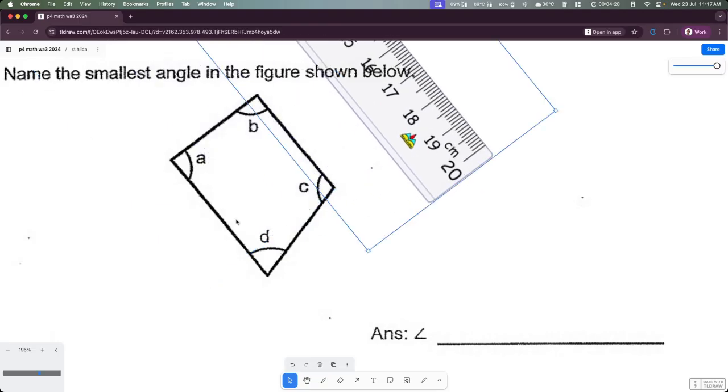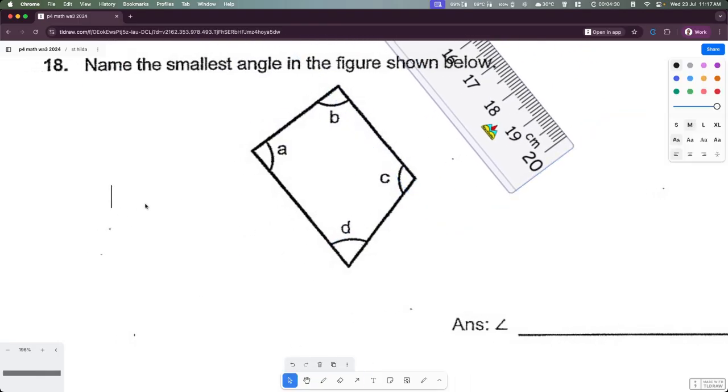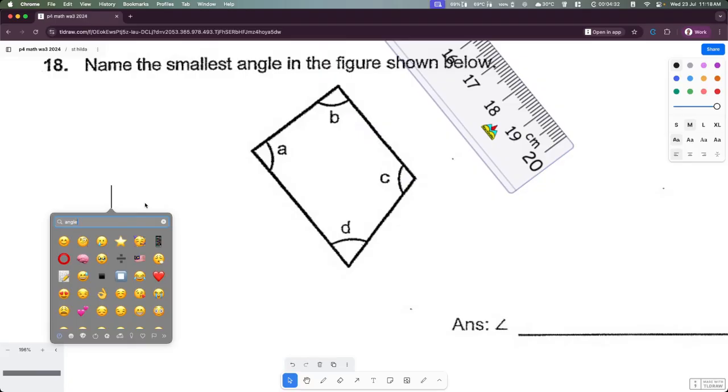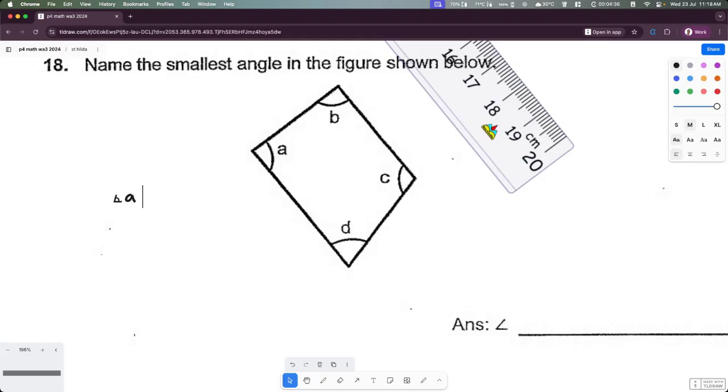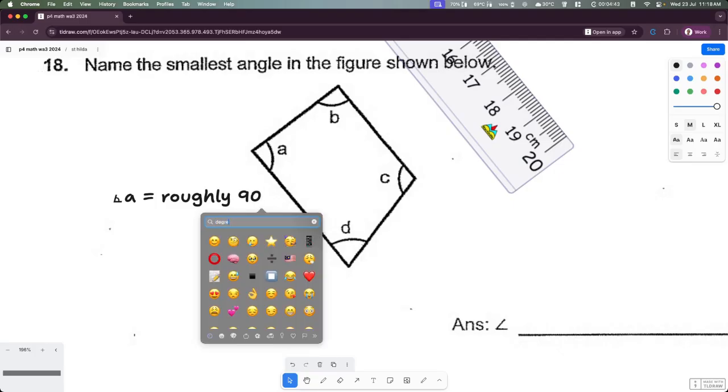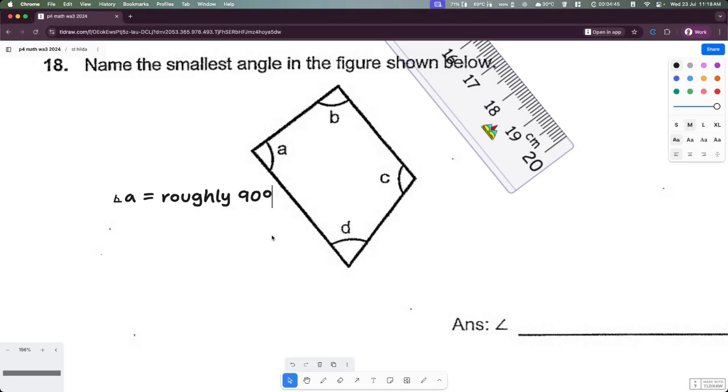So we know that in a sense, right? Angle A, in this case, is roughly 90 degrees. Okay, and then we also know that angle B is also roughly around 90 degrees, and then angle C is definitely more than 90 degrees.